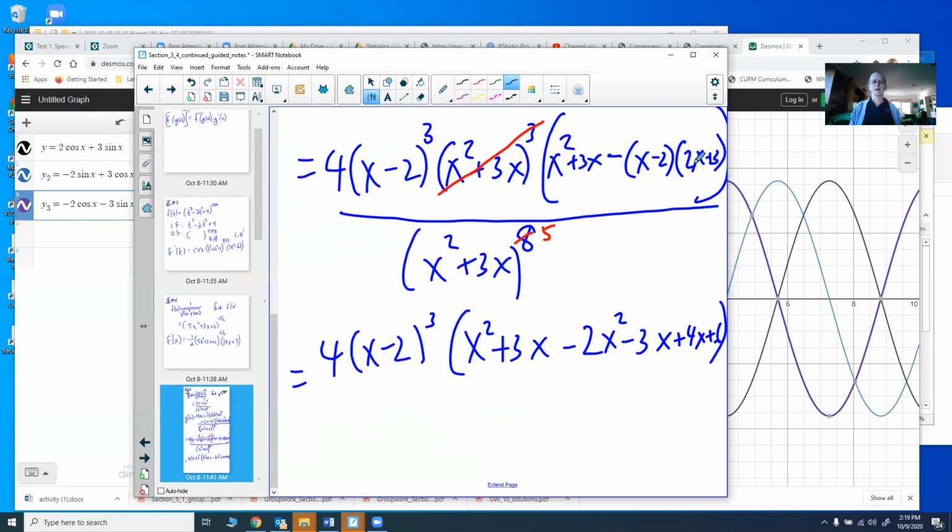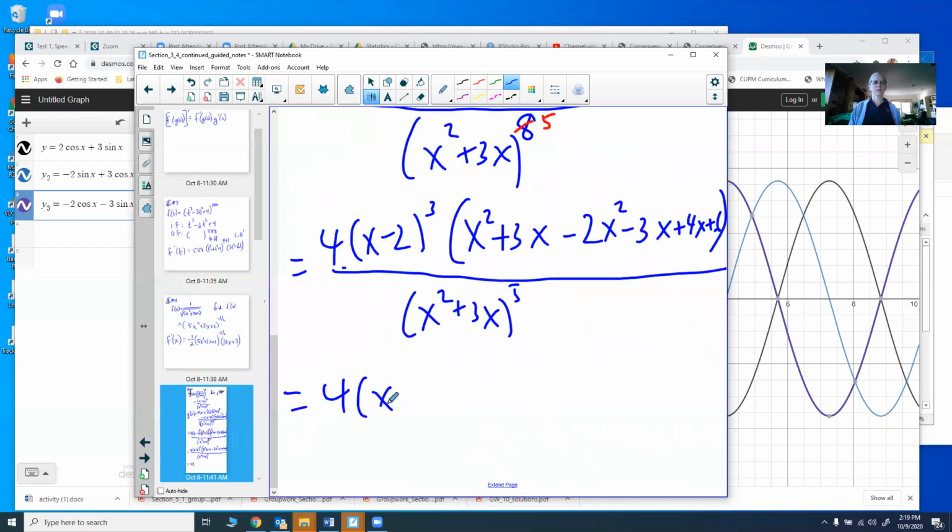Because I have 2x squared to the minus sign. I have 3x positive, that gives me minus 3x, minus 4x, but now the minus changes to a plus, and minus 6, but the minus changes it to a plus. All over x squared plus 3x to the 5th.